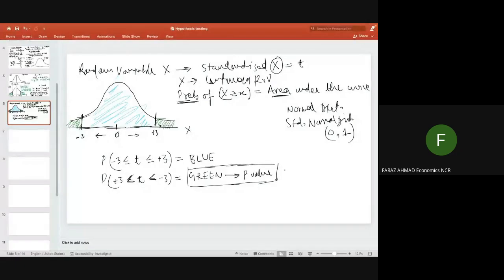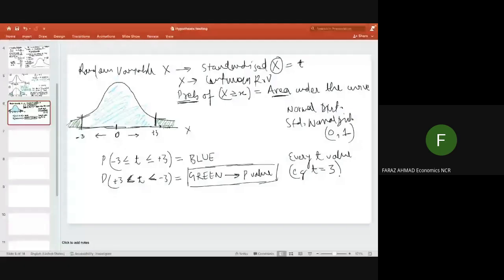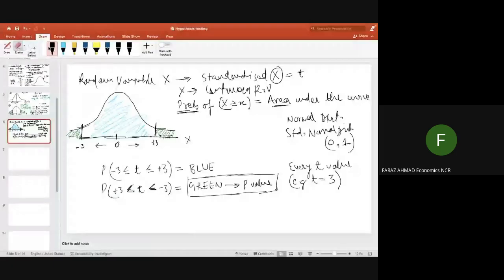And this means that every t value, for example, t is equal to 3, right? Let me write: every t value has a p value.